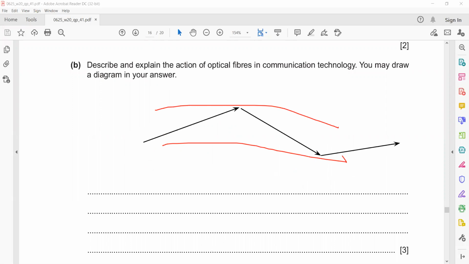We use optical fiber for communication. And how is the signal sent? The data or information is sent in the form of light, which will undergo total internal reflection.